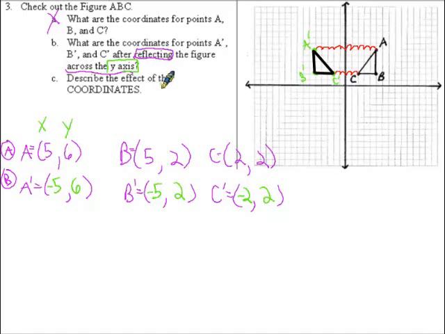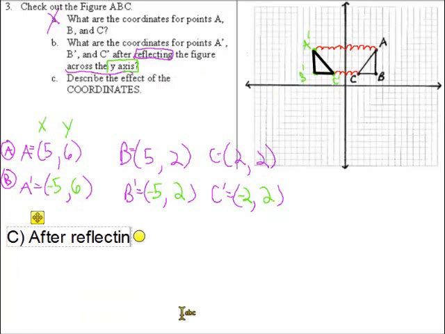So if I was going to describe the effect on the coordinates, let me type it out so you don't have to try to read my terrible handwriting.